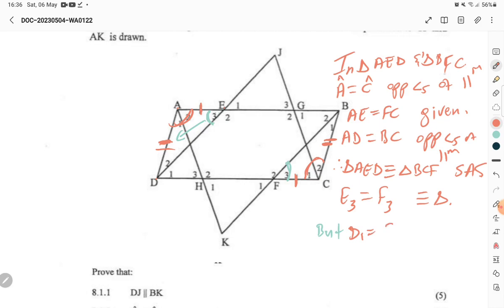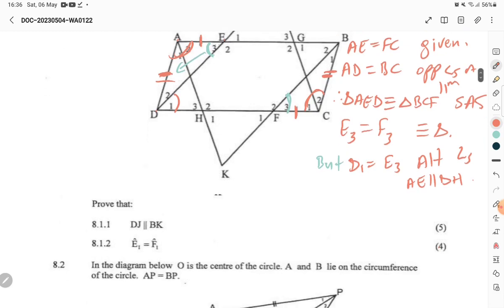But we also know that D1 is equal to E3. Why is that? It's because these are alternate angles, right? And alternate angles are equal because line AE is parallel to line DH.